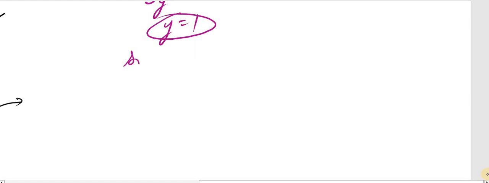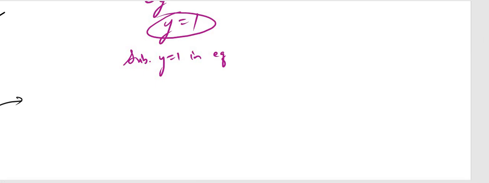Next step, what's the next step? We're going to substitute y equals 1 in an equation. Which equation do you want to use? Equation 1? Okay, sure. Let's write equation 1.